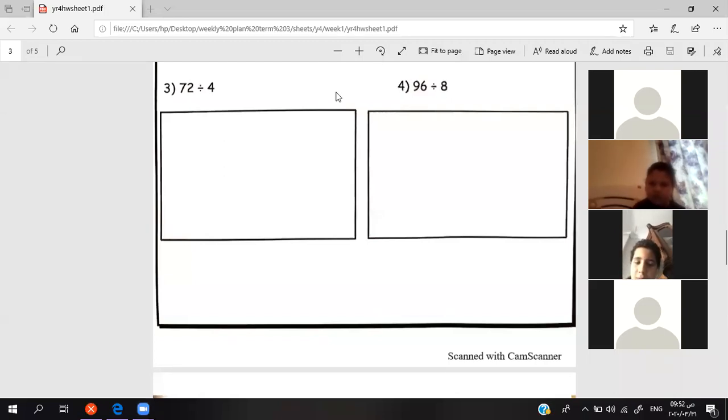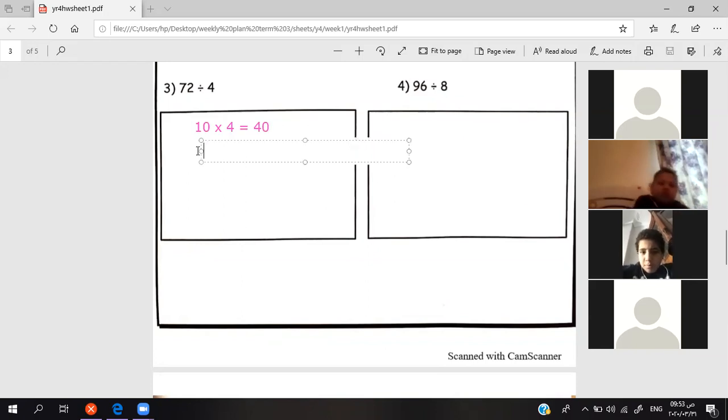Here in number 3, I don't want to do it long division. I can do it in any other way. Let's see. I can do it in the way I taught you. I will start with 10 times 4. It's gonna give me a 40, right?